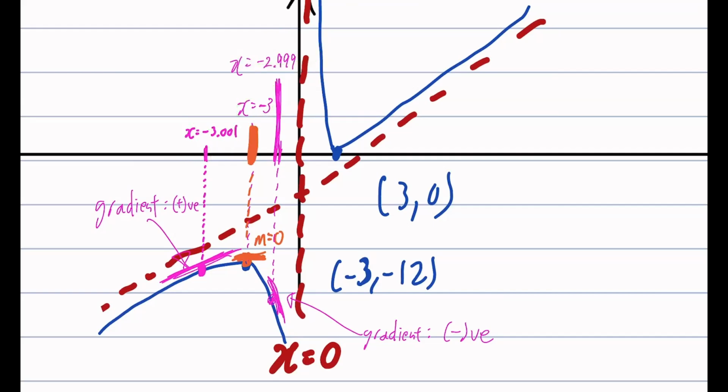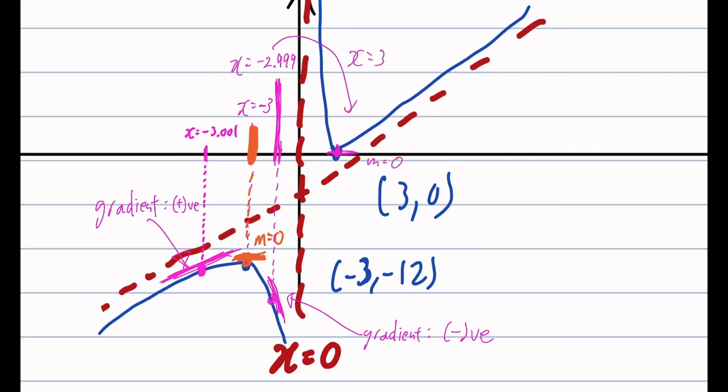So the question is, how much is too much? If here is -3, there is +3, then you better not choose +6. Make sense? If you pick x equal to 3, then you measure the gradient is m equal to 0.